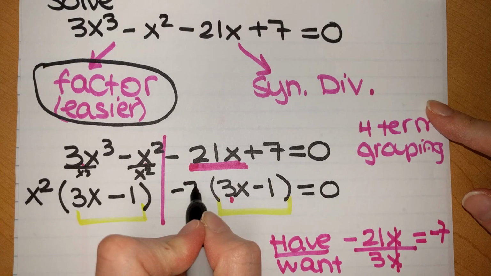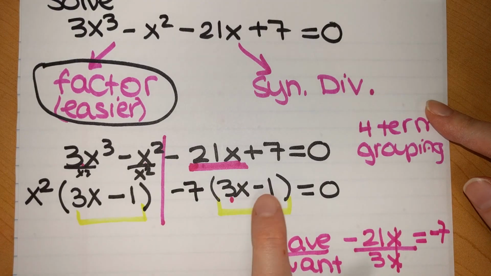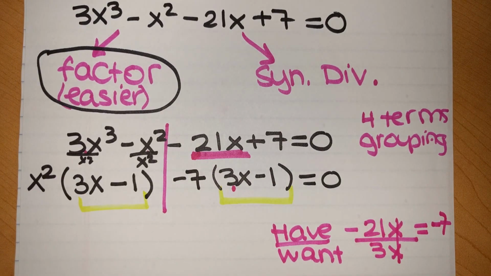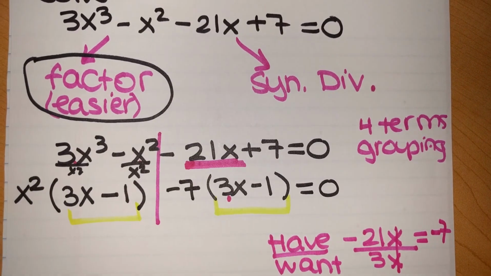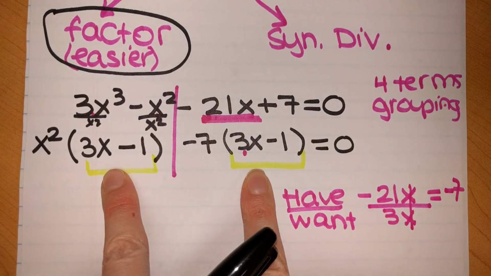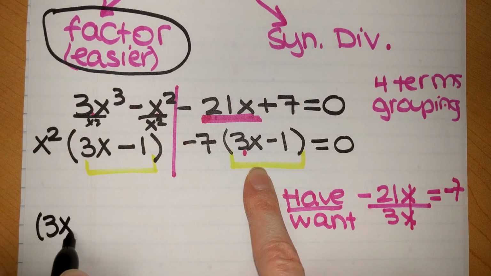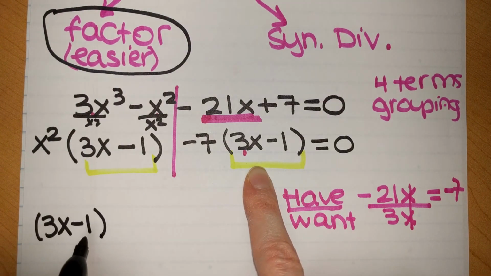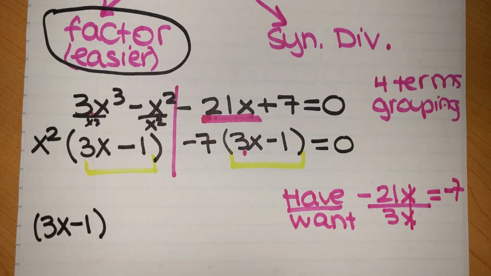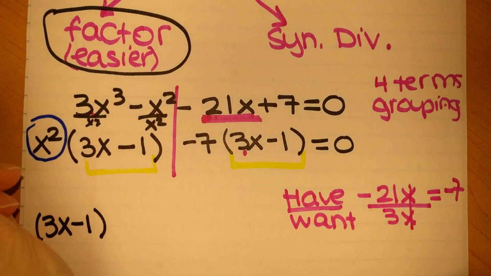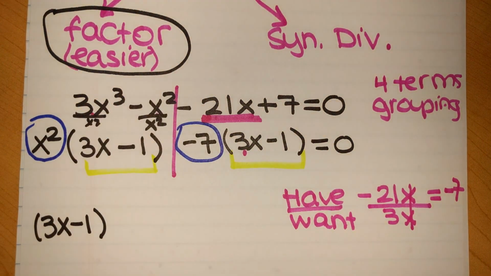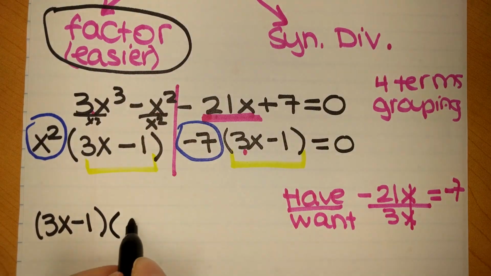By bringing out the -7, I will get the 3x minus 1 as the other factor. Now, from both of these groups, I have a GCF of 3x minus 1. So I can bring the 3x minus 1 out as a GCF, and when I do that, I will be left with x squared and -7 as the 2 remaining terms.